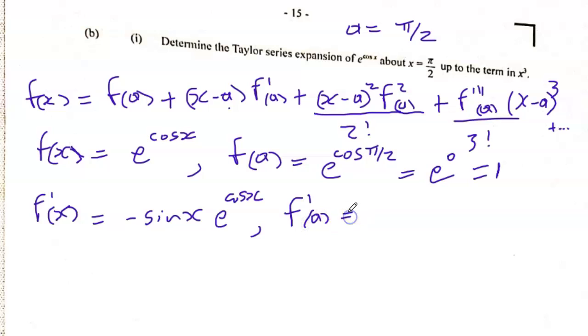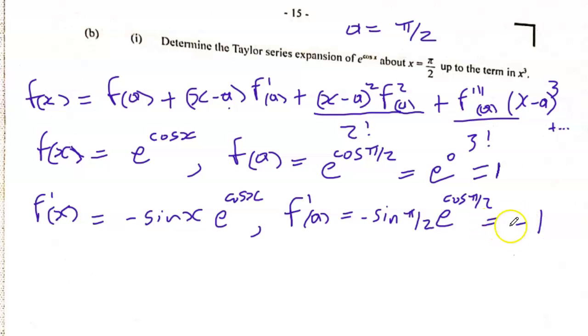Now we're going to replace x with pi over 2, so minus sine pi over 2 times e to the cos pi over 2. Now sine pi over 2 is 1. Cos pi over 2, we established that's 0, so e to the 0 is 1. So all of that will work out to be negative 1.